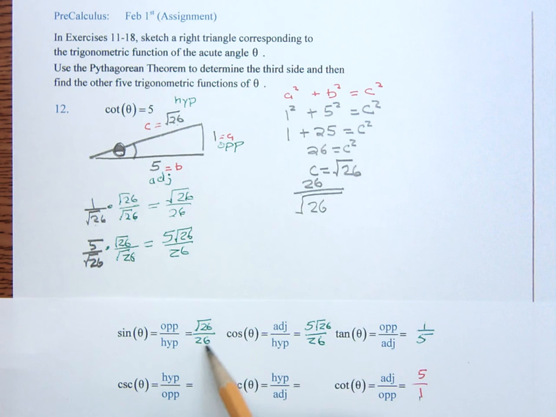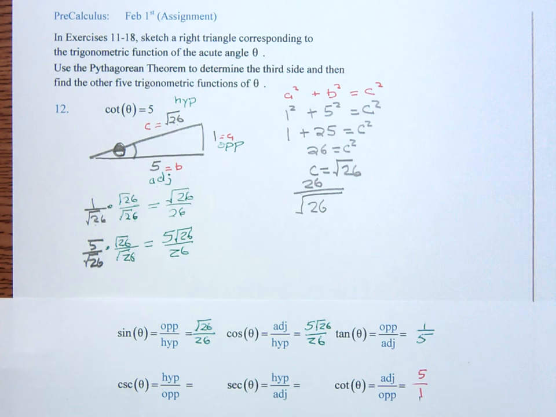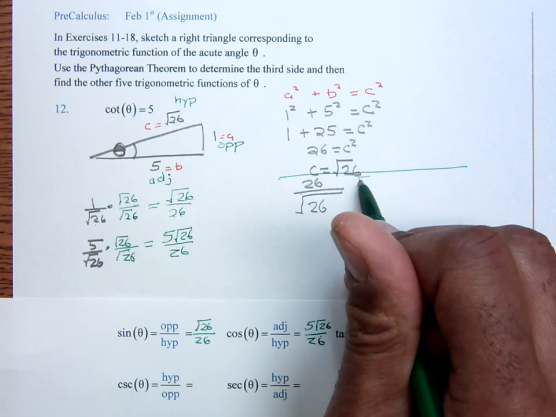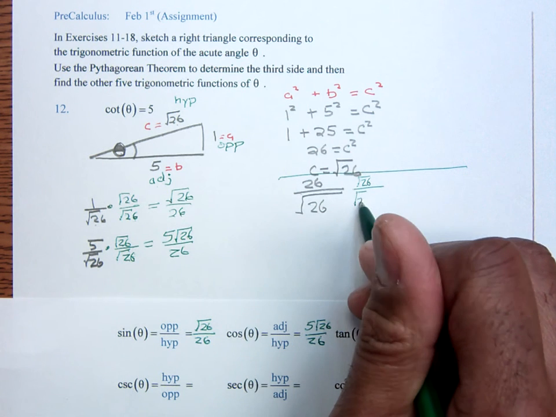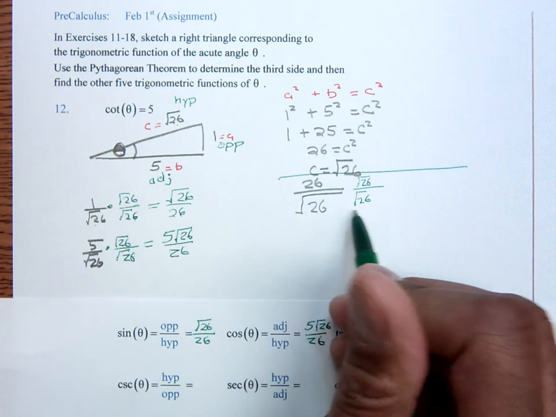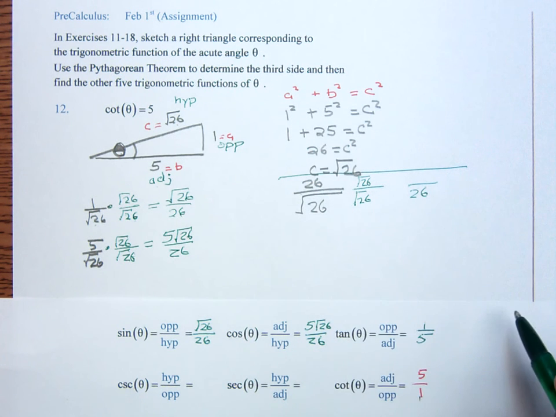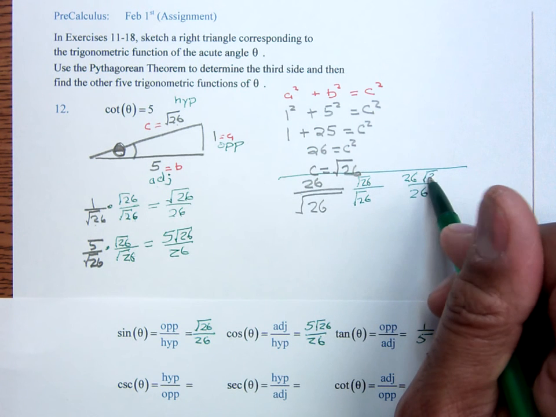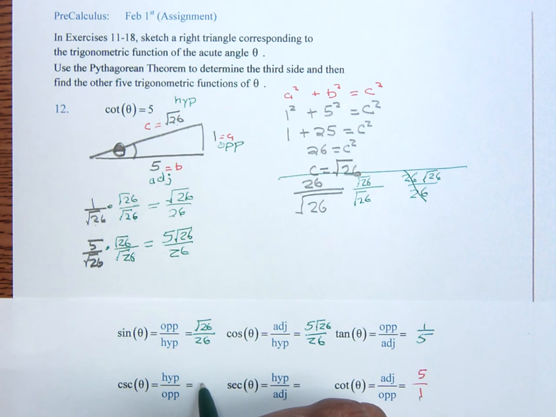If we reverse these, and if we rationalize that, we're going to multiply by radical 26 over radical 26. The denominator will be 26, and the numerator will be 26 times the square root of 26. 26's will cancel, so we'll just get radical 26.